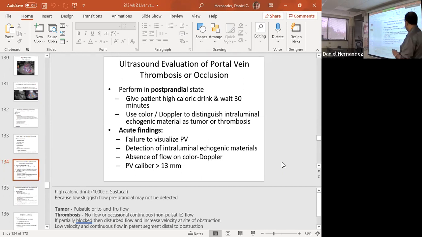I actually had one patient, an elderly gentleman who came in. He had a scan at the outpatient office, and he thought he was there because he was having a gallbladder issue and it was just going to be a quick thing. They thought his CBD was dilated. But when I put the probe down, I was able to see the CBD, and then I saw the portal vein and actually thrombus within.